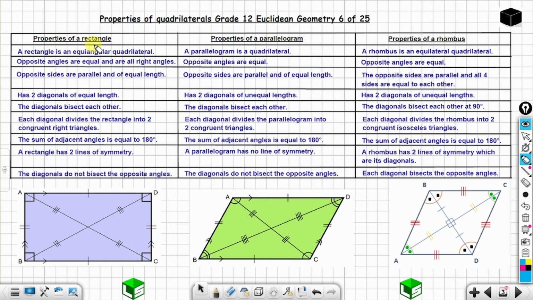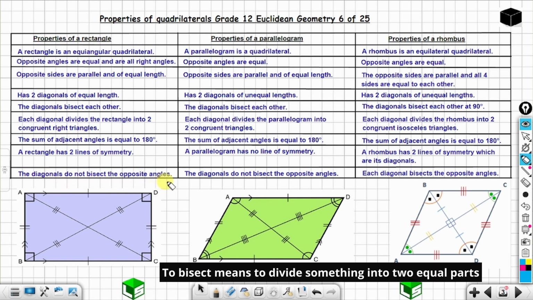Now, for a rectangle, the diagonals do not bisect the opposite angles. You can see this is not equal to this. This angle is not equal to this. This angle is not equal to this. This angle is not equal to this. Okay, do not bisect.